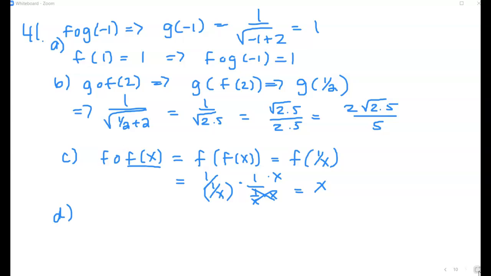And then part D, g of x. So it's like finding g of 1 over the square root of x plus 2.